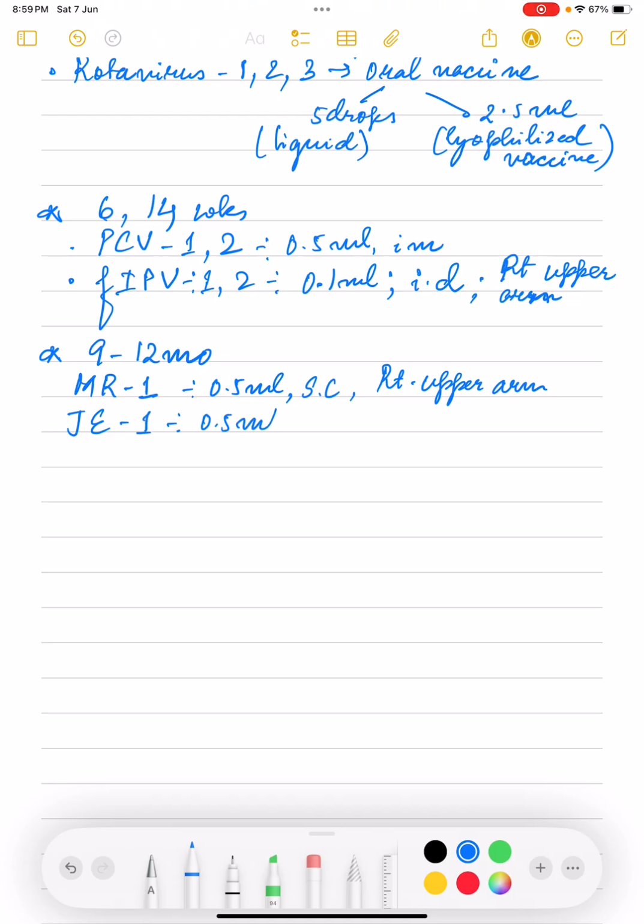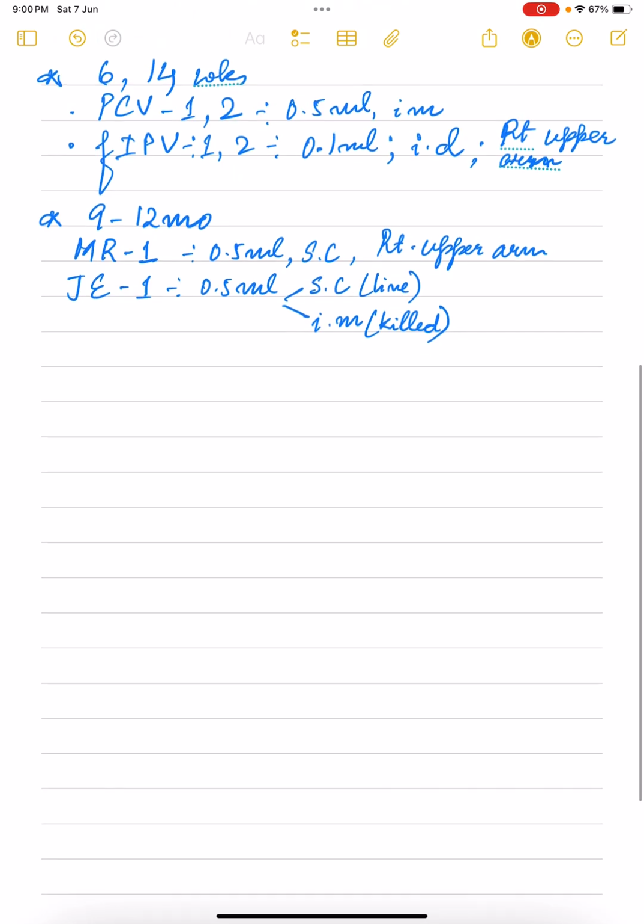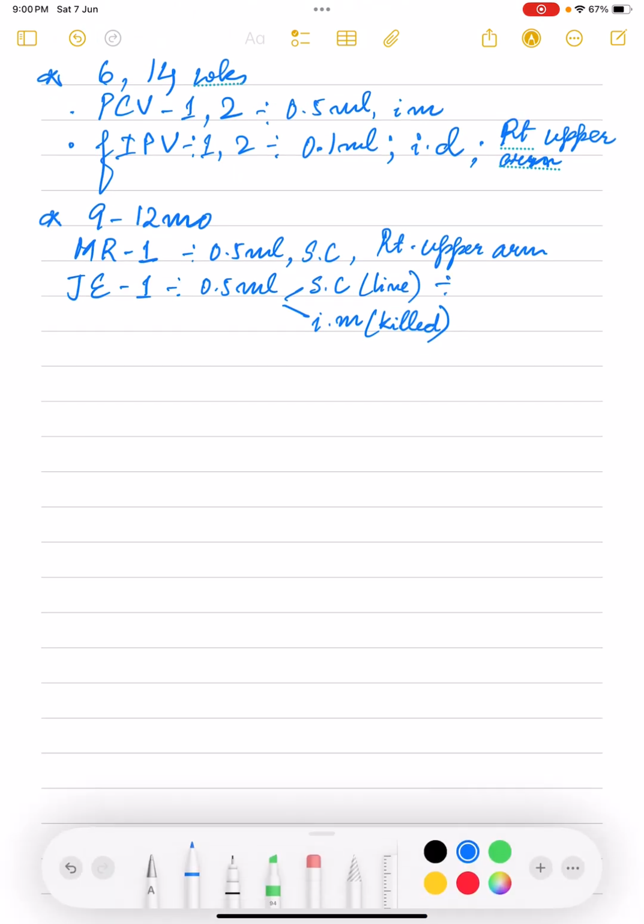Again 0.5 ml. Now this can be subcutaneous or IM, depending on whether it is a live vaccine or a killed vaccine. If it is subcutaneous, on right side we have already given MR, so we have to give it in left upper arm, and IM is anterolateral mid-thigh.